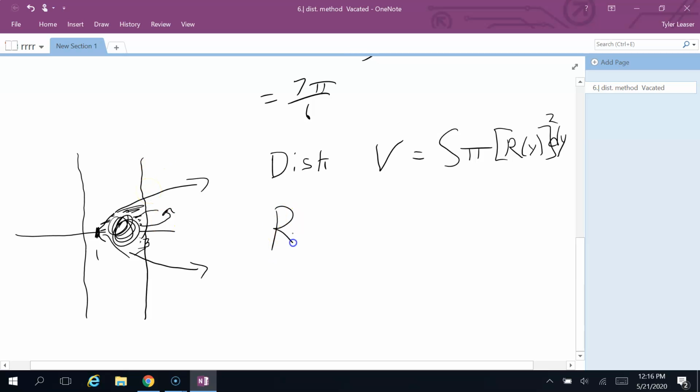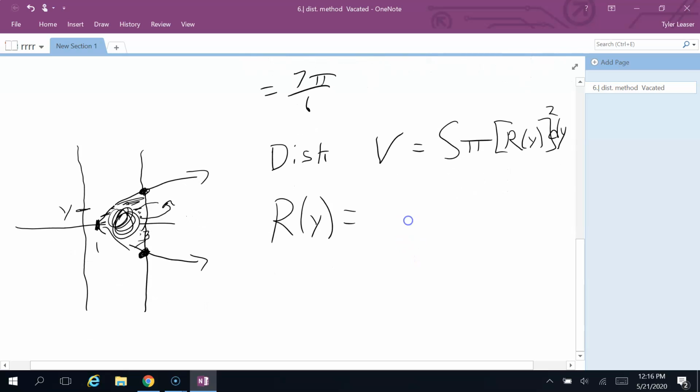Okay, we need to come up with the radius now as a function of y. So let's just say that maybe we're here on the y-axis. My radiuses are going to exist from this intersection up to this intersection. You'd have to plug in a couple of things to see exactly where that's going to be. So this is at the value x equals 3, and if I plug 3 back into the equation, remember our parabola is from the equation x equals y squared plus 1.